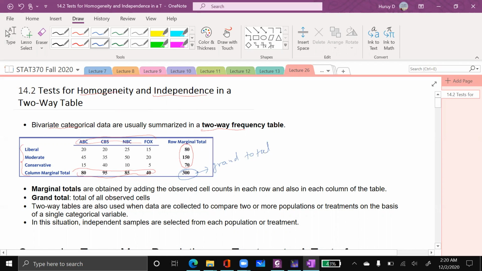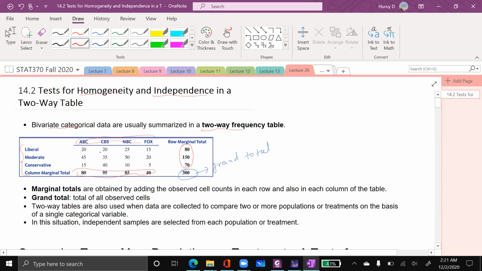The grand total is the sum of all the observations in all the cells, basically. Or it's just the sum of the row marginal totals, or the sum of the column marginal totals. So if you add this up, you get 300. If you add this up, you get 300. Or if you add all these individual cells, you get 300. So that's what we call the grand total.